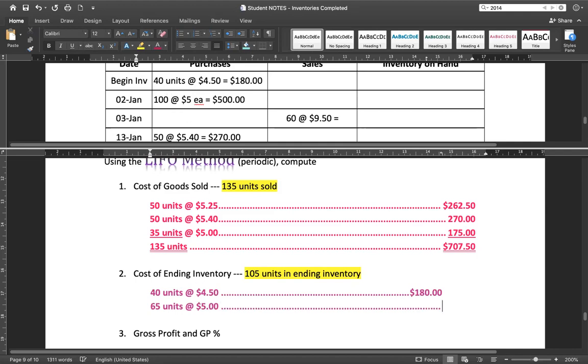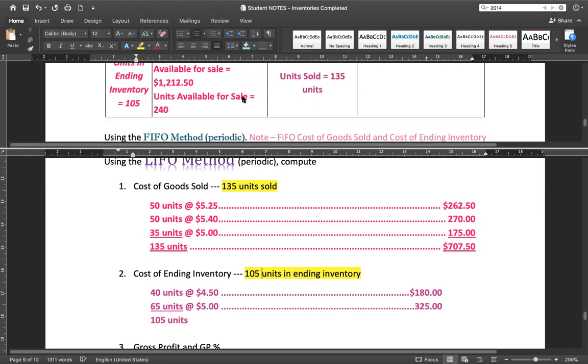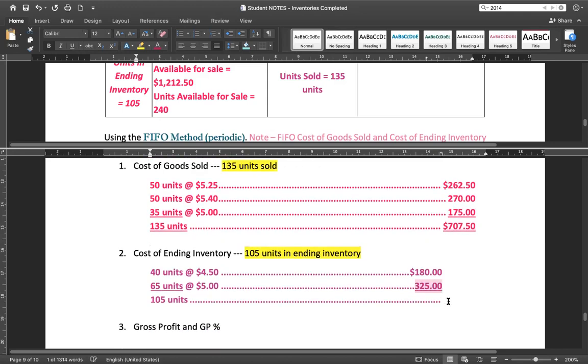So that leaves us with 65 times 5, or $325. And now we are just ready to do our totaling computations. 105 units, that matches the 105 here, and 105 there. And those units will have cost $505.